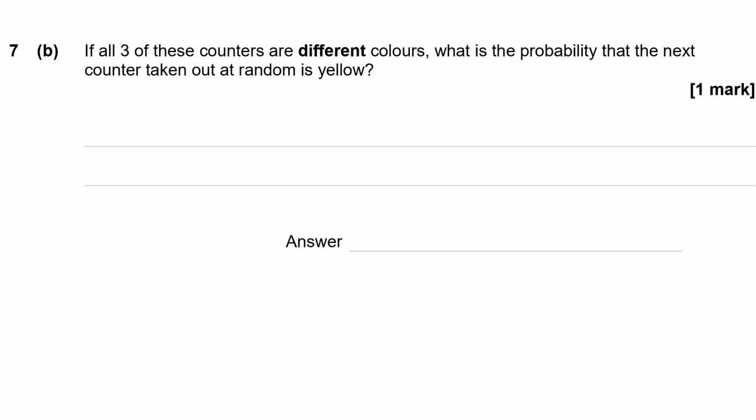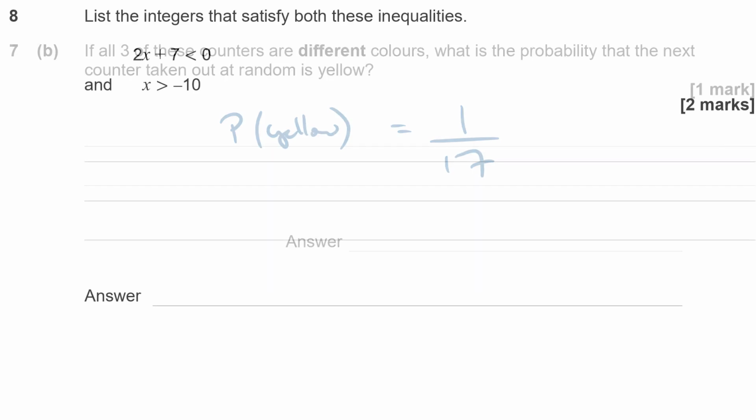So what's left after I've taken out 1 red, 1 yellow, 1 blue, is that I've still got 17 counters to draw from, and I've got 1 less yellow to draw from. So the probability is going to be my remaining 1 yellow counter out of my remaining 17 counters to select from. So it's 1/17.